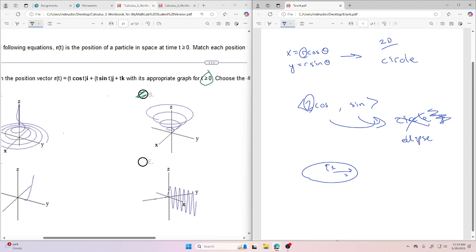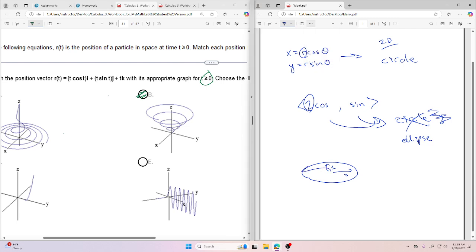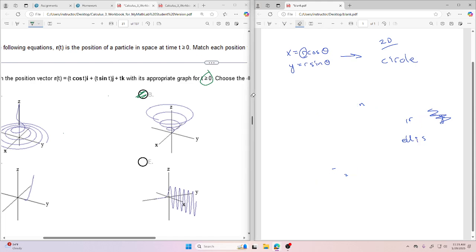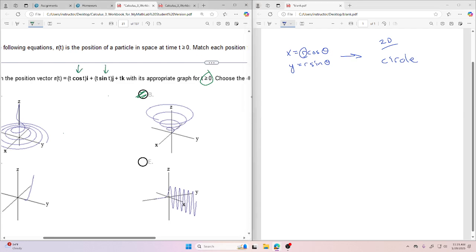So one of the keys to looking at these kind of problems is look for a pair of cosine and sine together. Okay, it's a very, very common feature when we're looking at this stuff. Okay, where's my eraser? So we're looking at sine and cosine together. Do we see a sine and cosine in this case? It's right here. Cosine and sine.